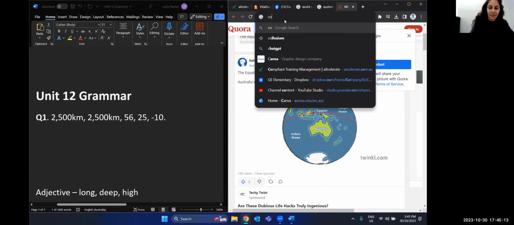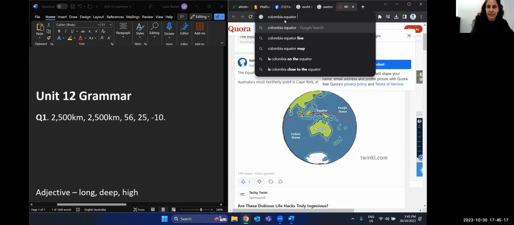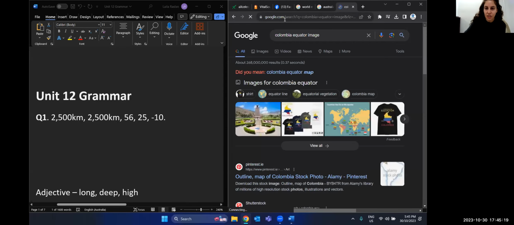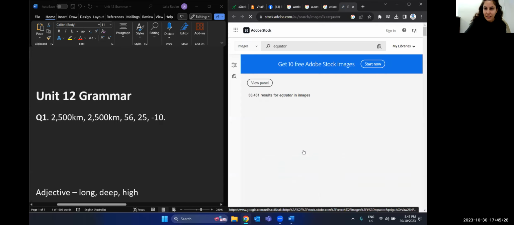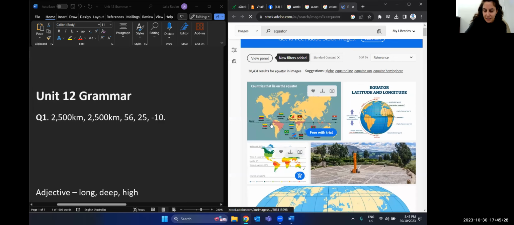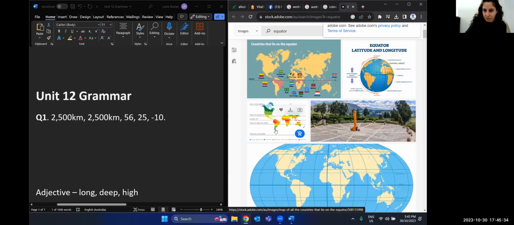I'll just see the equator image. Colombia is in the northern hemisphere. Yeah, interesting. But Brazil, yeah.